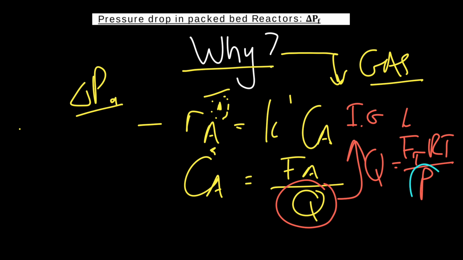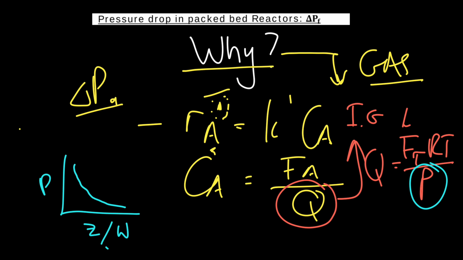And now what happens in my reactor is that pressure, if I either have now a length Z or my independent variable mass, the pressure is decreasing as the fluid flows, and this decrease is due to frictional effects. And as that decreases, this volumetric flow rate is going to increase. So there are different factors that can affect the volumetric flow rate. Of course, what's the reaction stoichiometry?